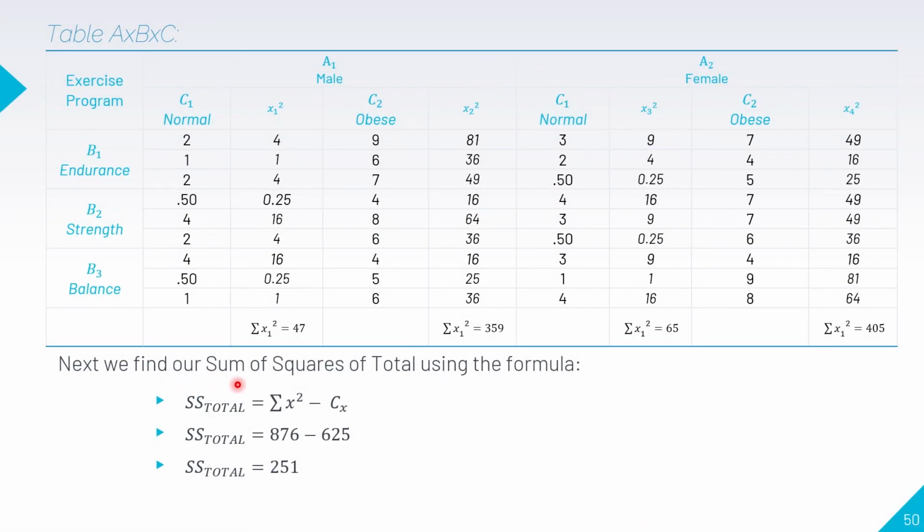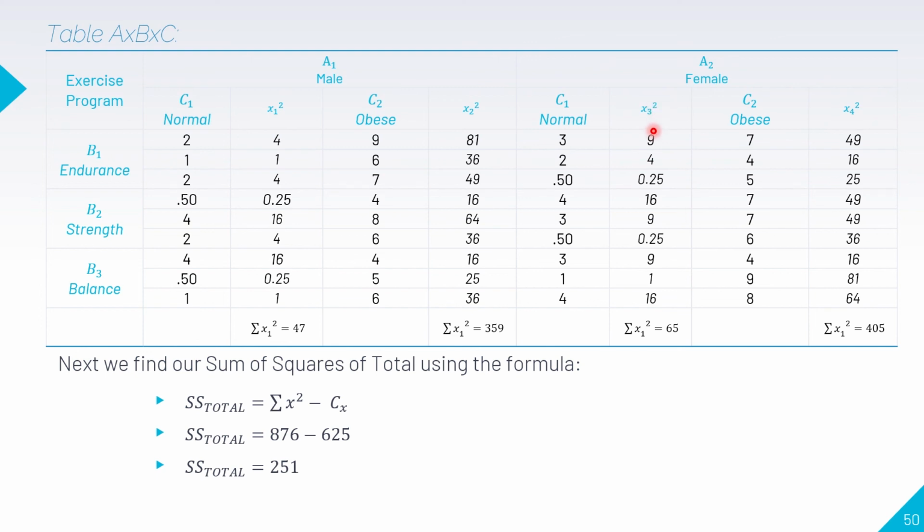Now we find our sum of squares of total using the formula SS total equals the summation of x squared minus CX. For the summation of x squared, we just need to square the original data. So now here, this is 2, this is 3, this is 4.